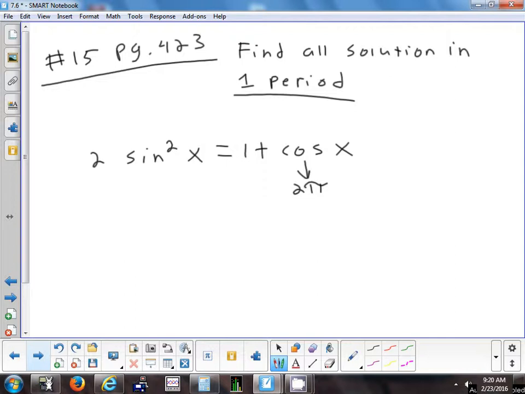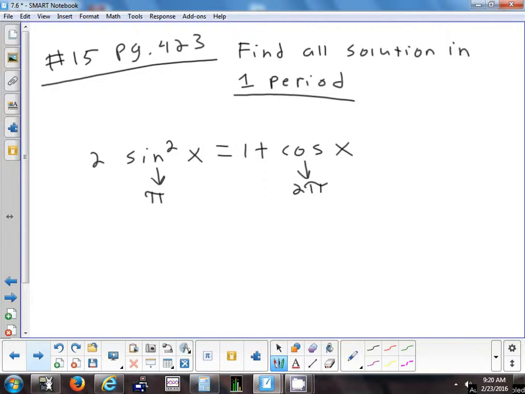Now, does anybody remember the period of sine squared? We had a chart for sine to an even or sine to an odd power, and I told you what the period was. Pi, yes. If you don't remember that, you might want to look back at that chart. It's in chapter 6 or 7. What's the least common multiple of pi and 2 pi? 2 pi.